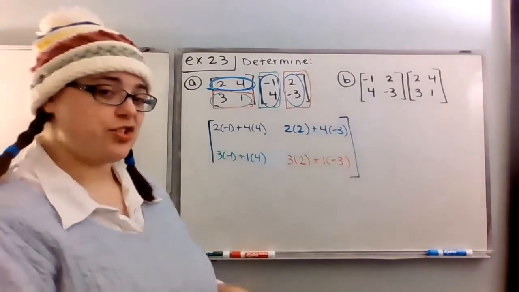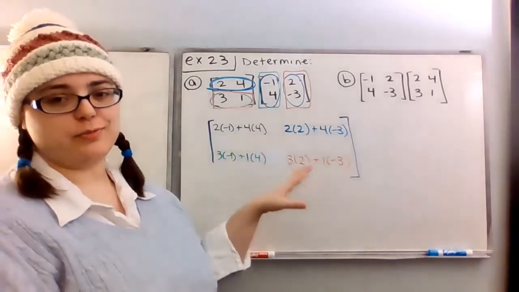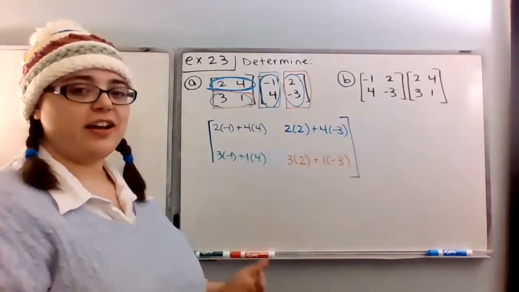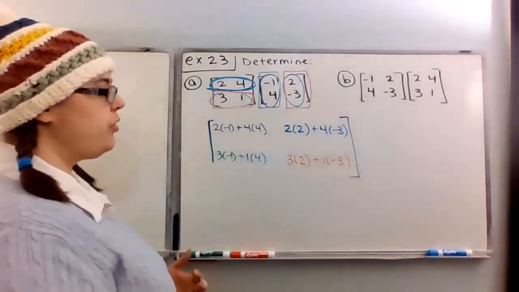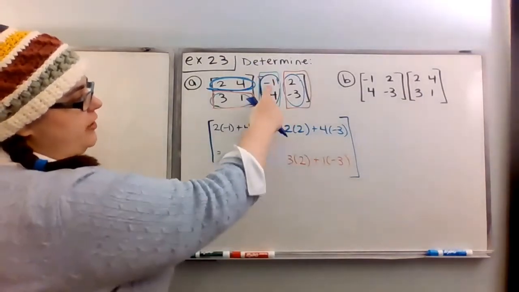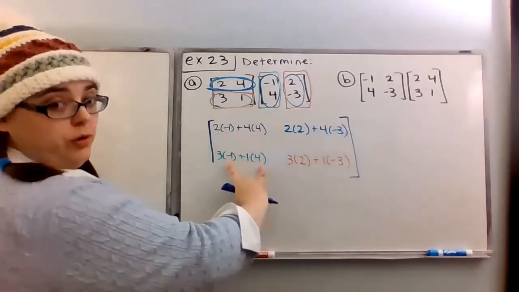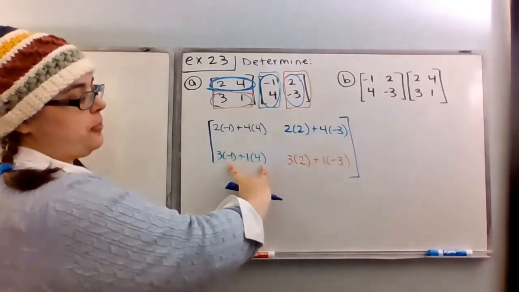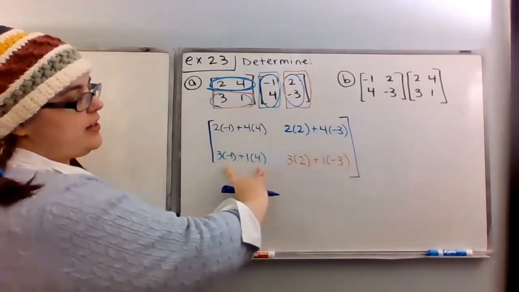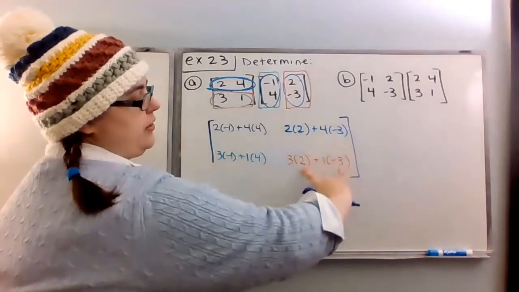Now, one of the additional benefits of writing this out and making sure that we have a consistent system when writing it out is it does provide a little check. So notice that my column entries here of -1 and 4 are showing up, the -1 and the 4 in this first column in the parentheses. And then here, my 2 and -3 are showing up here, 2 and -3.